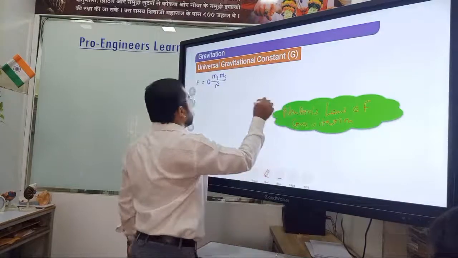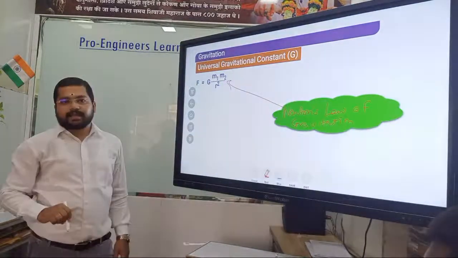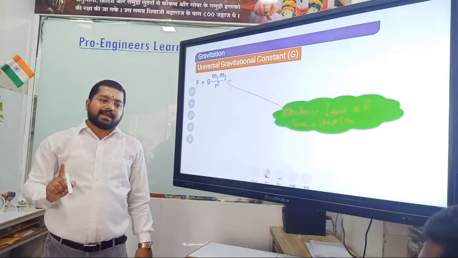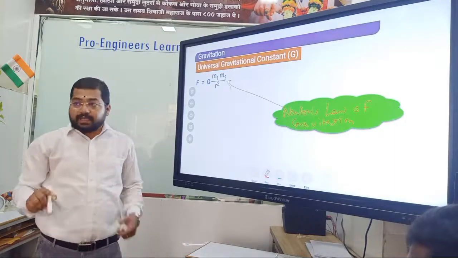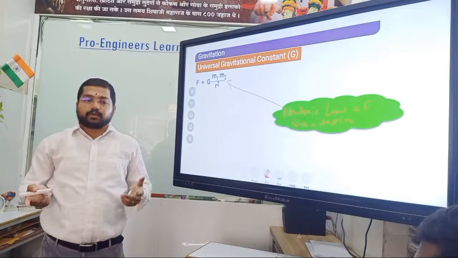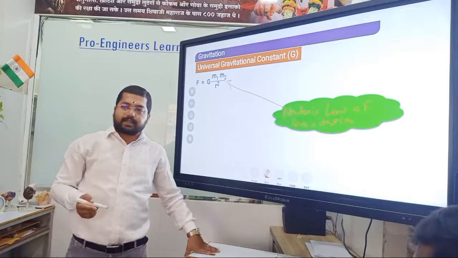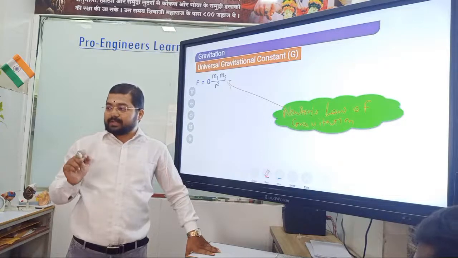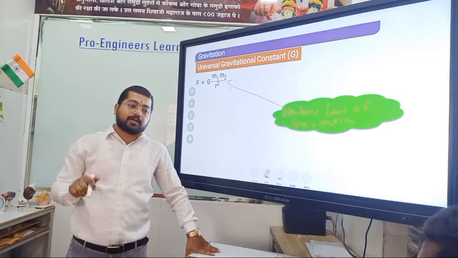Based on this, we have written that F is equal to capital G m1 m2 upon r square. Even though you are recalling it or reading it, you must treat it as F is equal to capital G m1 m2 upon r square.